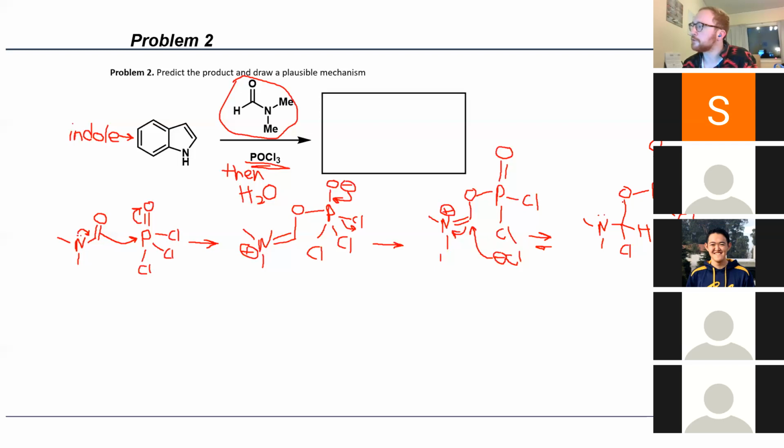Okay, so now we have our tetrahedral intermediate, and it can collapse like so, to give our crucial activated electrophile.